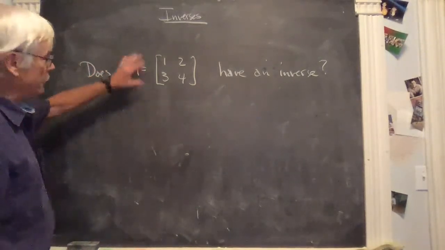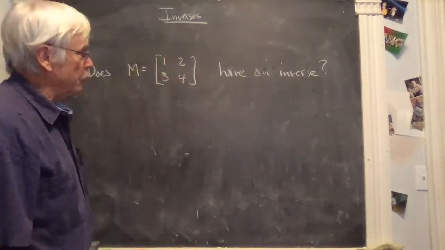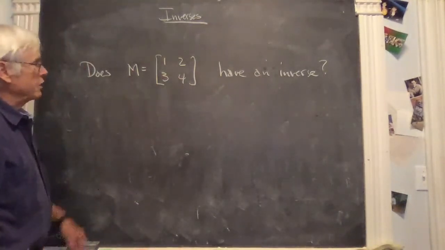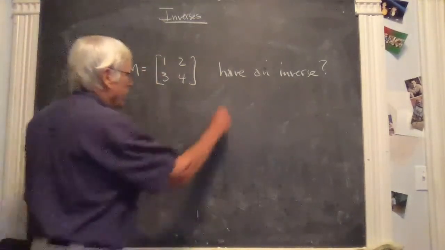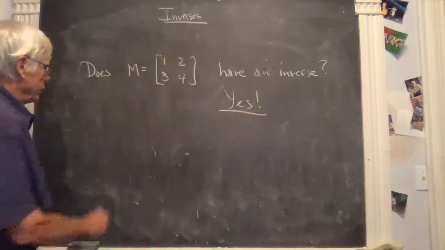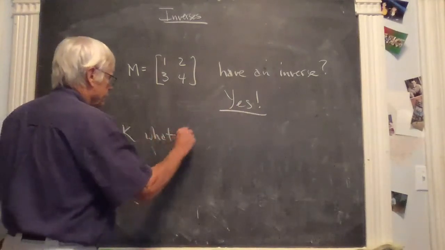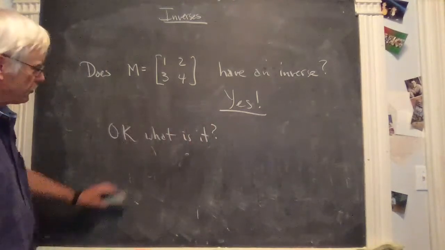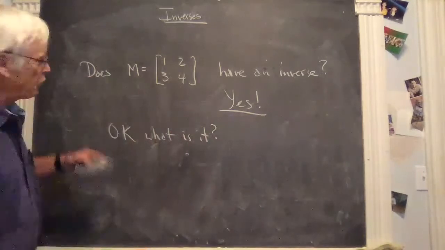And we can answer yes, it's square. Condition 1 is satisfied. The columns are not multiples, so they are linearly independent. If there were 3, there'd be more to check. This matrix will row reduce to the identity matrix, so the answer is yes. Bringing up the question, okay, what is it? And it's interesting that we have the techniques to solve that right away. And that's part of what I wanted to show you.